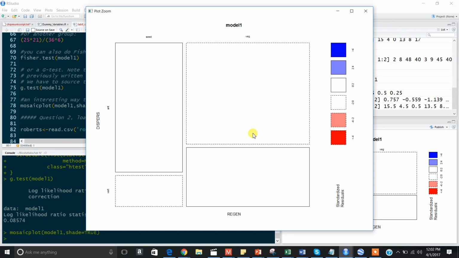So that's how you interpret mosaic plots. And they're really interesting, and they let you see a visual representation of those residuals, which is, again, the difference between your observed, which are the values actually obtained, versus the expected values.